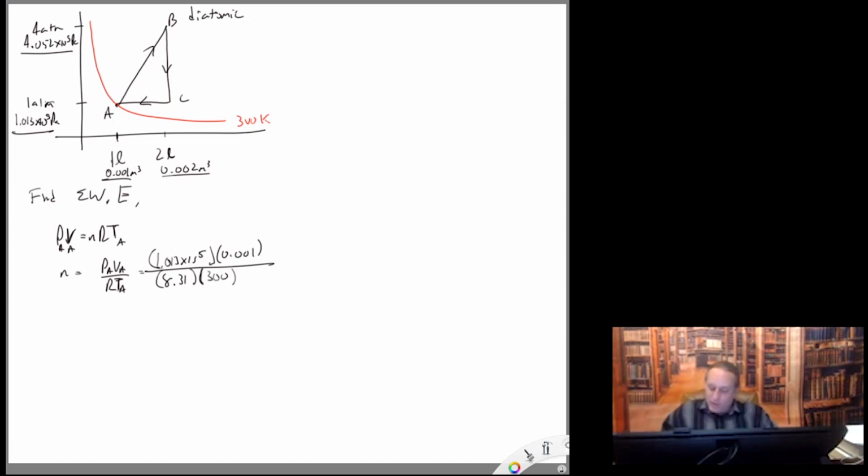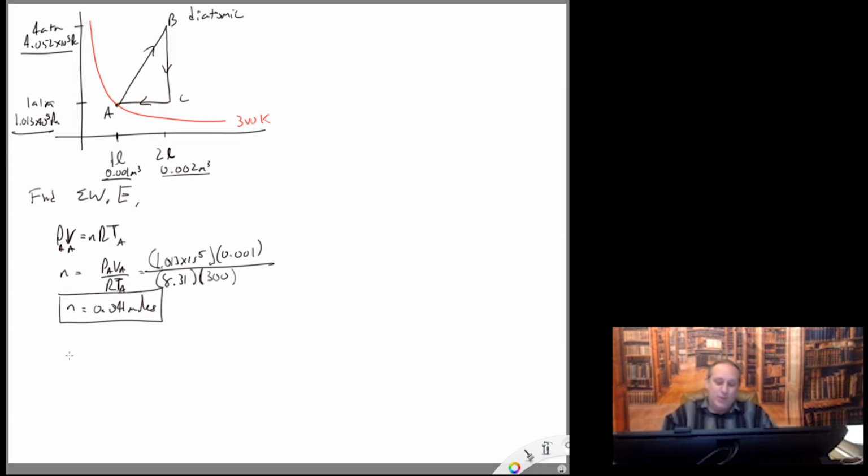So when I put all of those together, it's 0.041 moles. Some problems might just give us a number of moles, and then we have to find the initial temperature. If we're given the initial temperature, we can use that to find the number of moles.